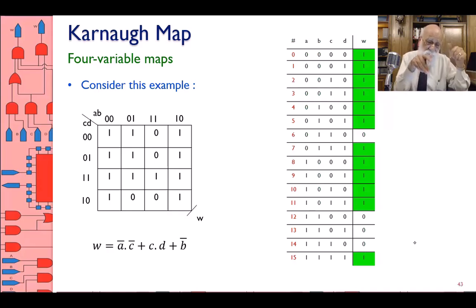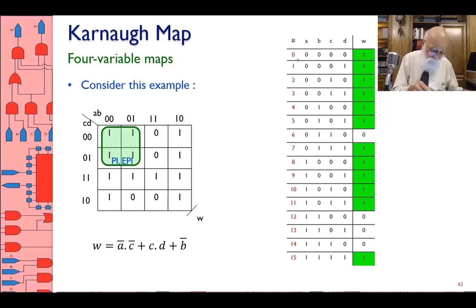Again, what I do is I start with the truth table, and later on we say, well, we have done enough truth tables, so let's skip the truth table part and directly go to the Karnaugh map. This is a 4 variable truth table, the one on the right, and it has all these ones, and the ones I'm also showing over here on the left.